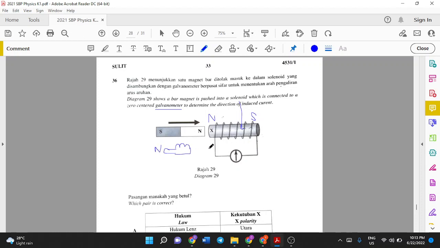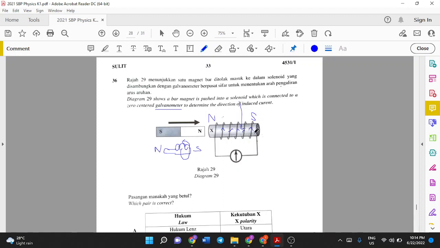This is north, this is south. Because you want to oppose the motion, here will be north, so the other side will be south, and you will observe that the currents will flow in such a direction, following the direction of your fingers. This is how your currents flow.